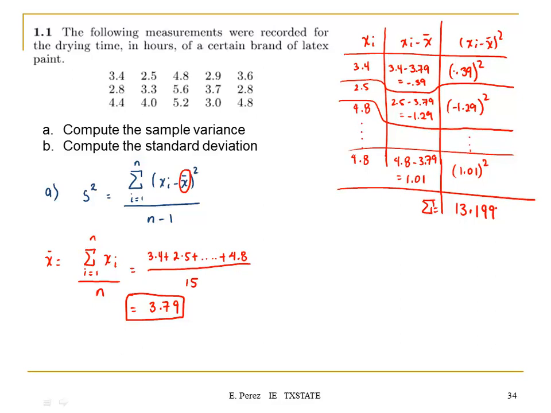So once you have that portion, then the only thing that you need to do is divide by the number of observations minus 1, which is 15 minus 1, and that is equal to 0.94284, or 0.94.